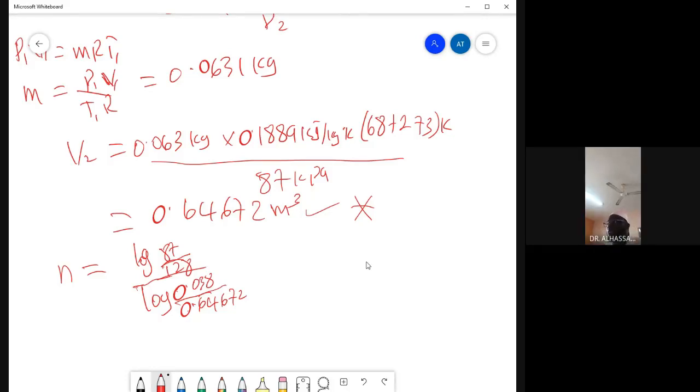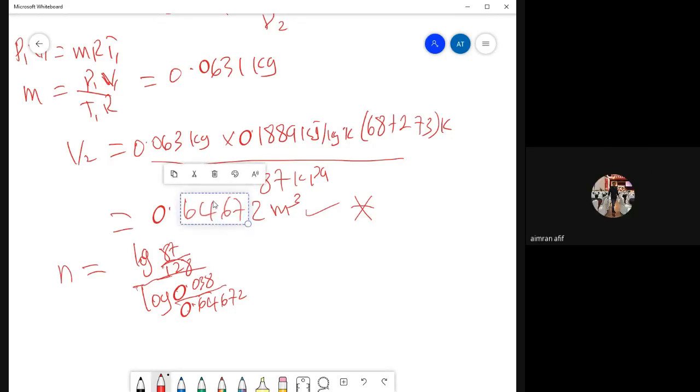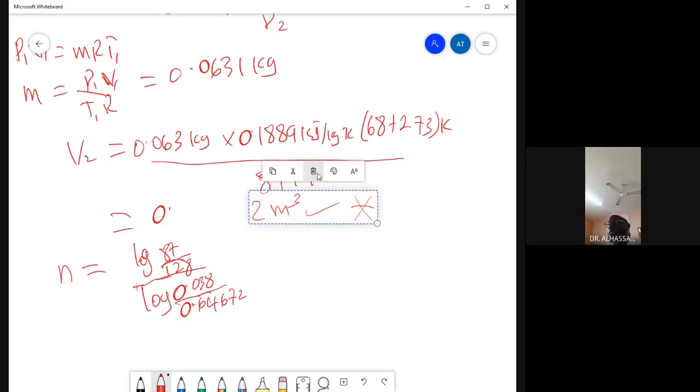It's supposed to be 0.0466. Okay, so that is V2.